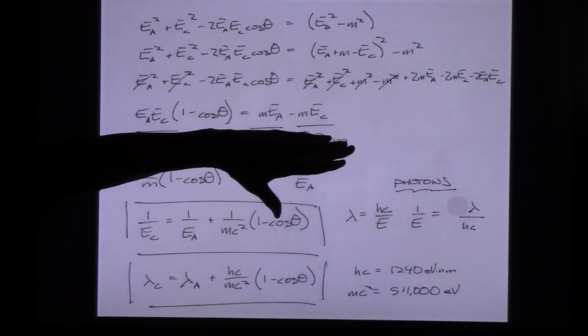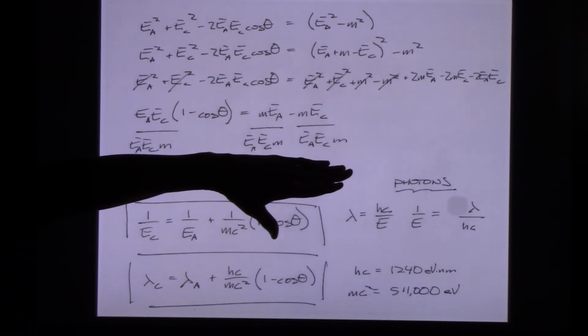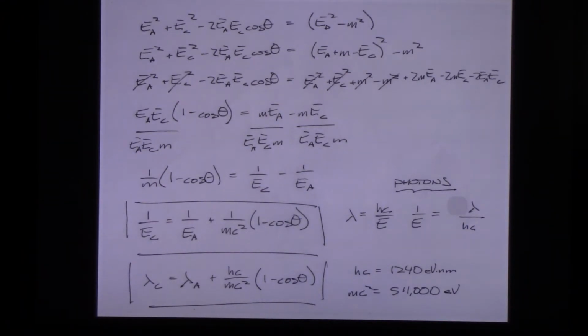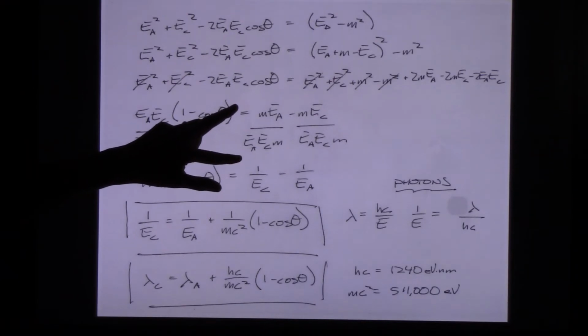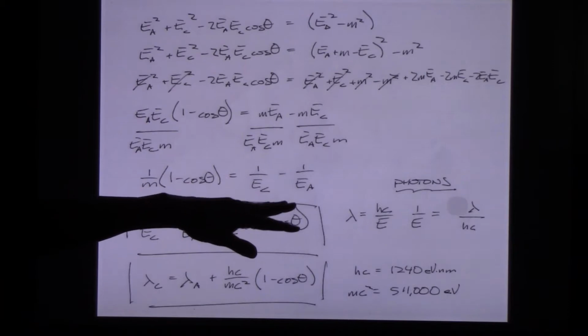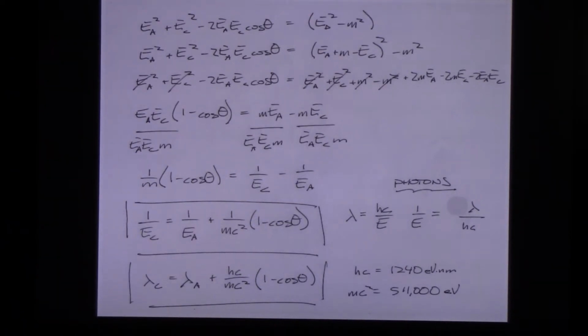It's still kind of a mess, but what we do is divide each of those terms by EAECM. That cancels the EA and the EC, leaving 1 over M. Here we cancel the M and the EA, leaving 1 over EC. So we get this inverse formula. And I boxed this one, so that one must be pretty important.